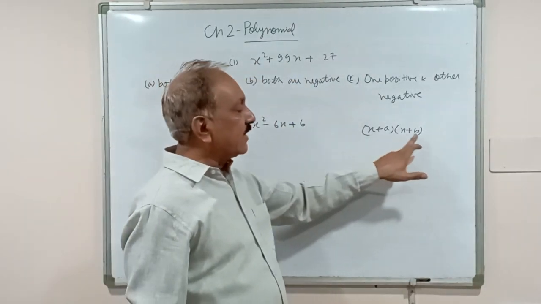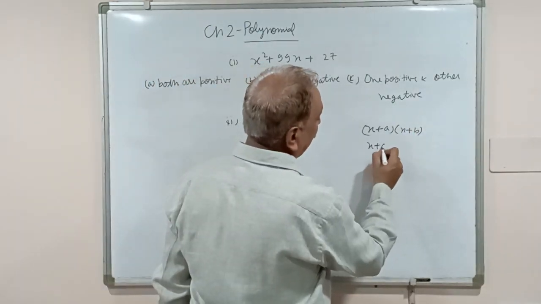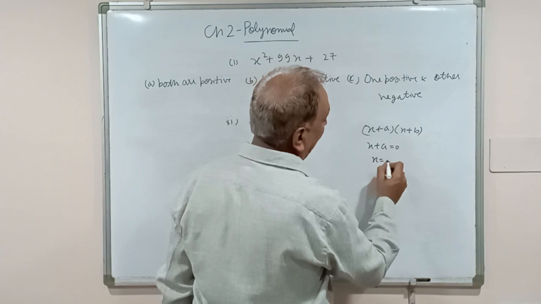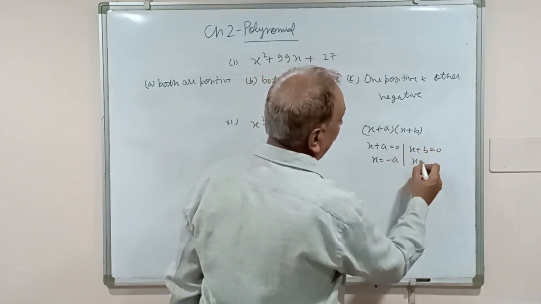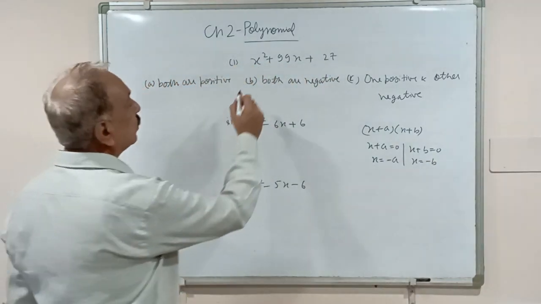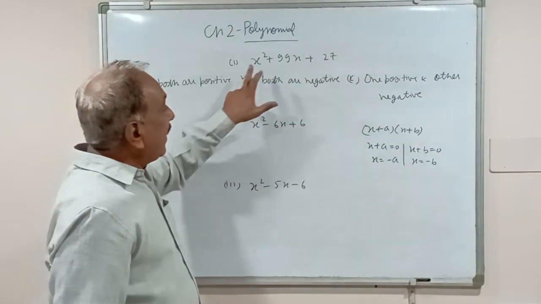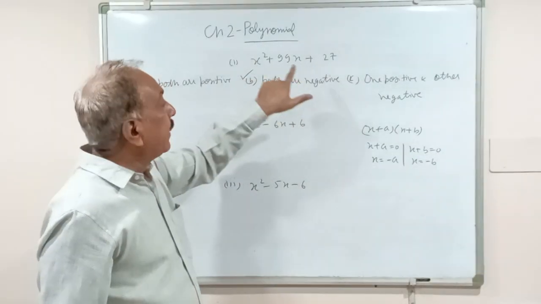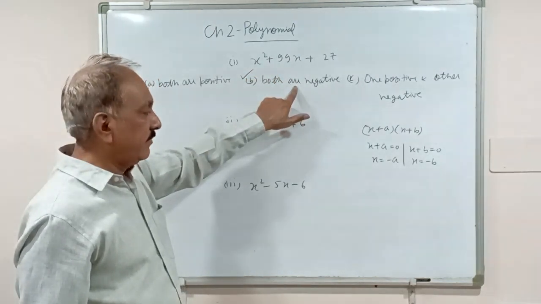So factors are x plus a, x plus b equals 0. x plus a is 0, x equals minus a. x plus b is 0, x equals minus b. It means zeros are both negative. When first term and last term are positive, middle term is positive, it means both are negative.